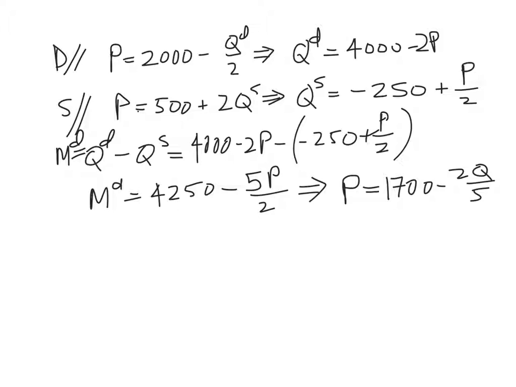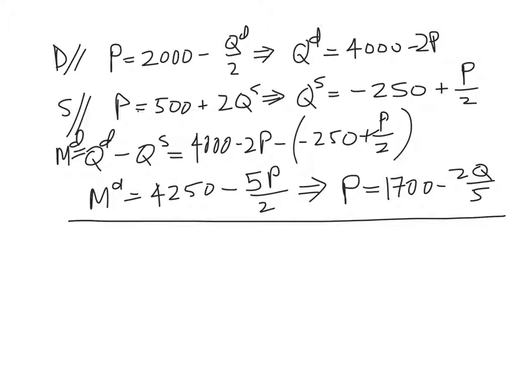Well, now we're ready to add this information to our graph of the world market, and then we'll probably come back to this workspace to do the algebraic analysis of the tariff. So we'll let P be the price buyers pay, and sellers receive P minus 500.